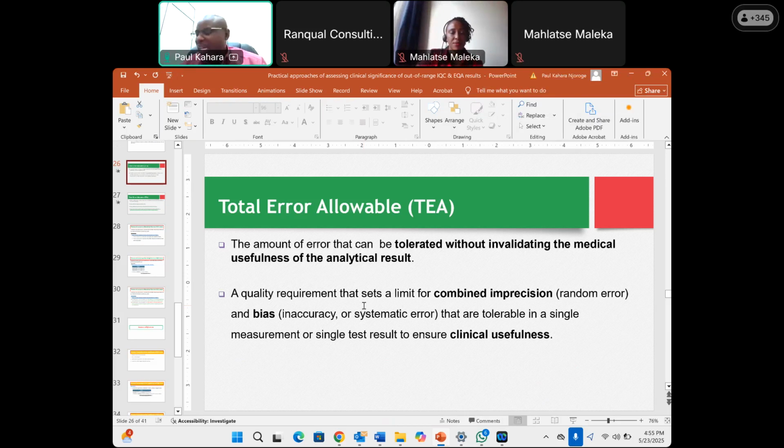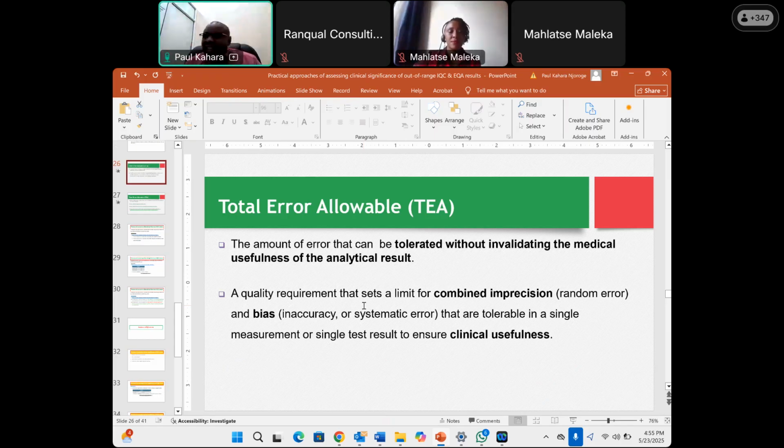But let me take an example of a HIV test. You have received your EQA and it is showing that you have an unacceptable HIV report from the EQA that you ran.